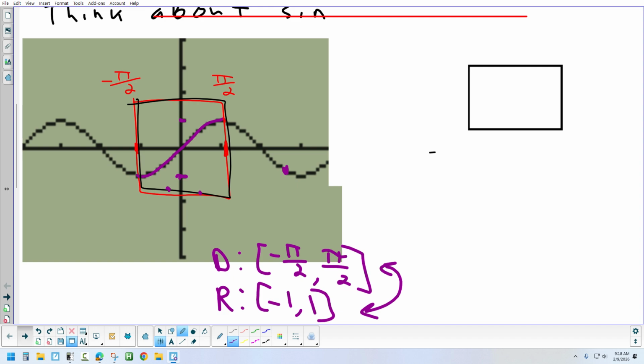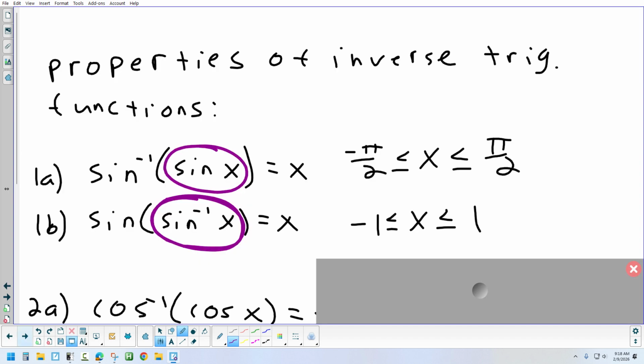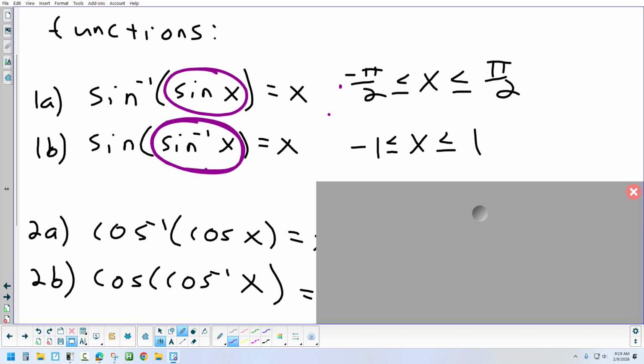So when the regular trig function is on the inside, you will always get an answer back. It will match what you started with if you obey that condition. When the inverse is on the inside, you will not even get an answer if you're not between what you're supposed to be. All right, so let's try the formulas for cosine.